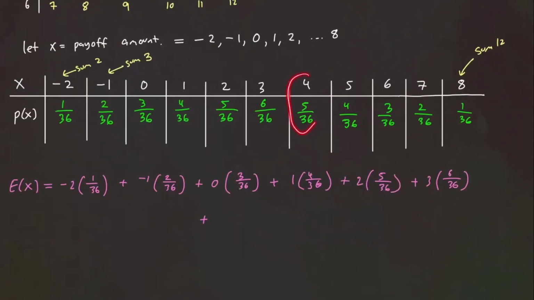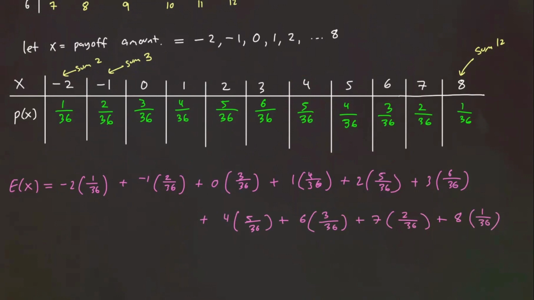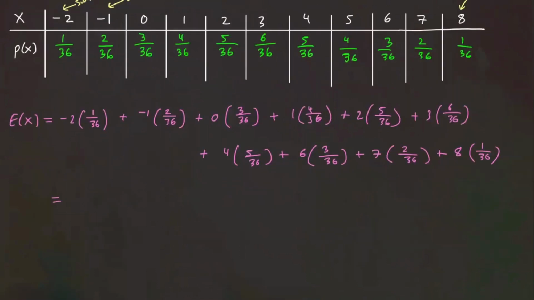So the next one is this X value times its corresponding probability, 4 times 5 over 36, plus 6 times 3 over 36, plus 7 times 2 over 36, and the last one 8 times 1 over 36. So carefully put them in your calculator and you'll have an expected value of 3. In other words, $3. So our expected value of this game is a gain of $3. Okay. All right, so that is the first part of the question.